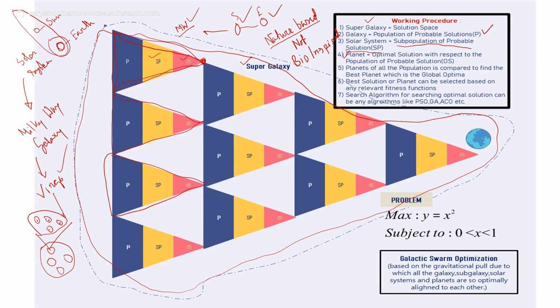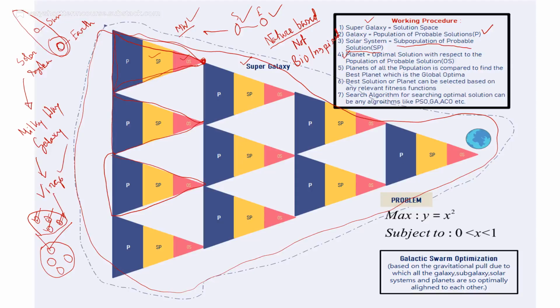Now if I compare this most optimal solution with this one, this one and this one, comparing each with the others, then you will find the best solution, or the planet, right?